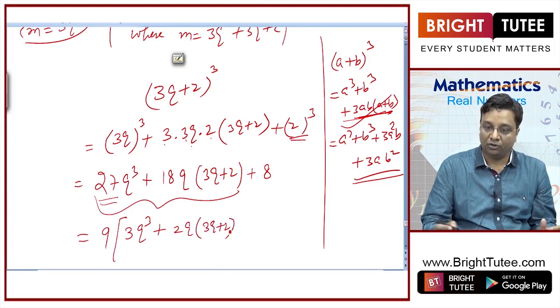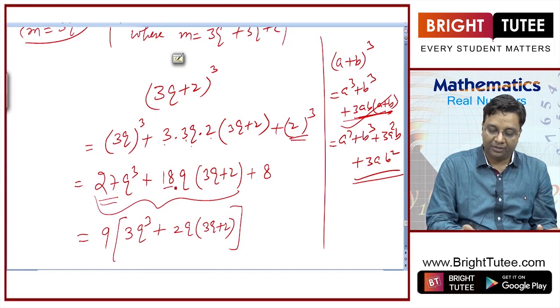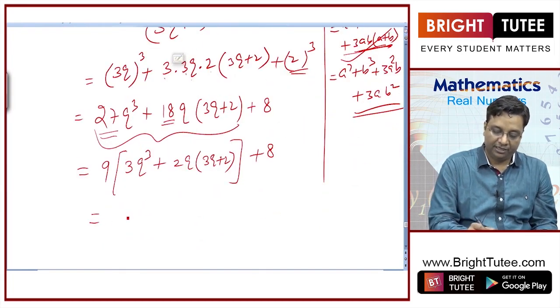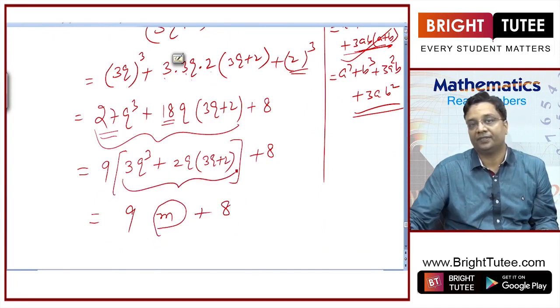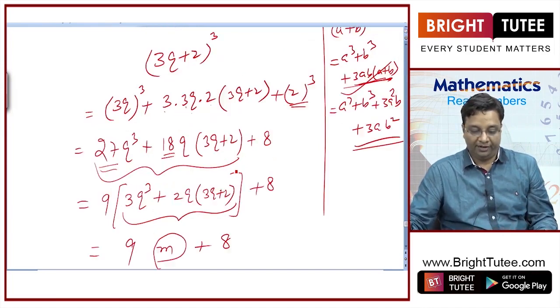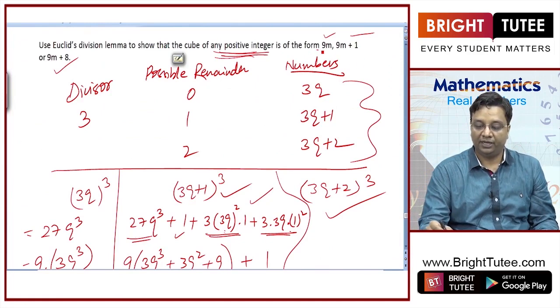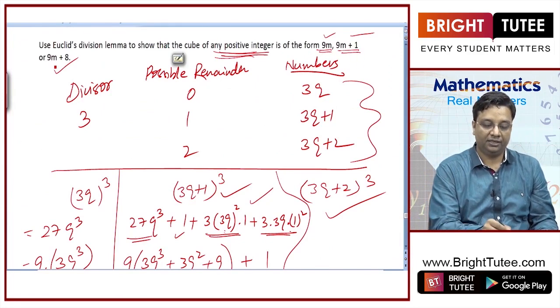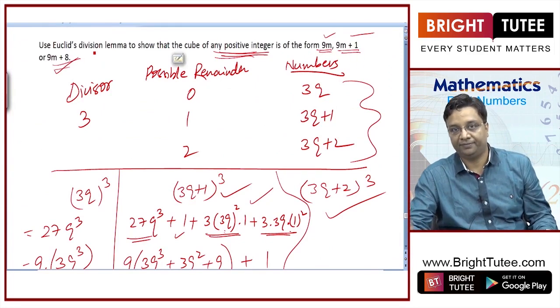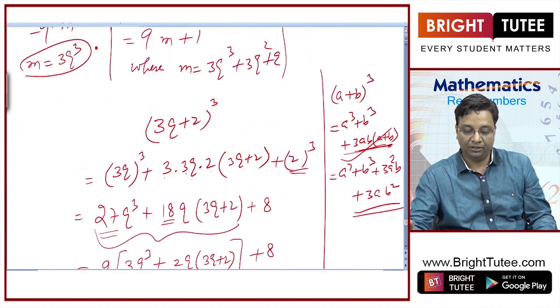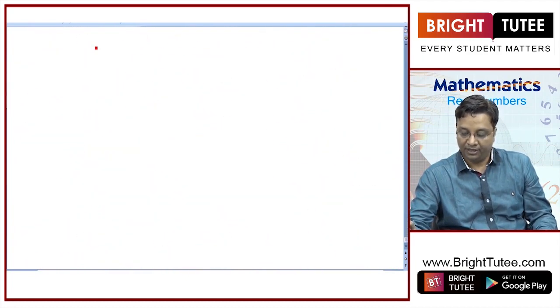You do not even have to open it, because 9 can be taken common from here, plus 8. So, this can be written as 9m plus 8, where m is equal to this expression, right. So, the cube of every positive integer can be written in the form 9m, 9m plus 1 or 9m plus 8, right. So, this is how you will do these questions.